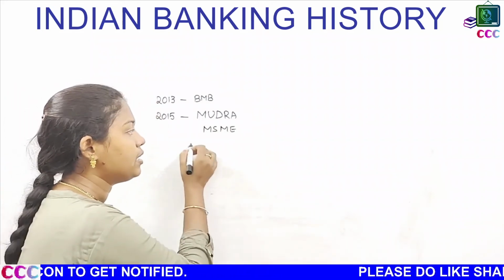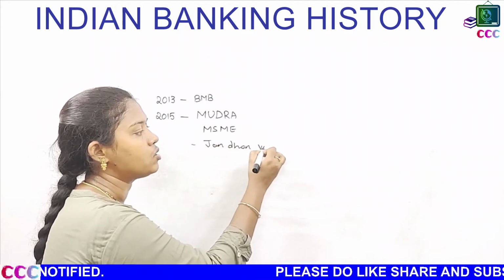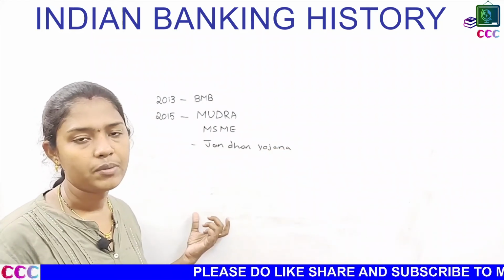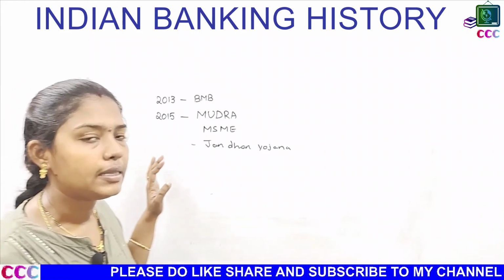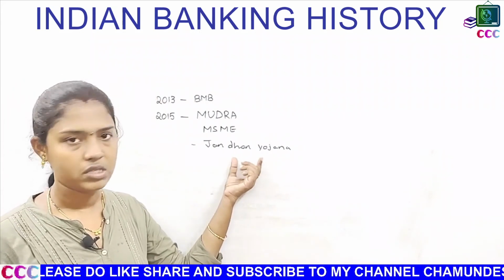In the same year, Jan Dhan Yojana was implemented. Actually Jan Dhan Yojana was started from late 2014 and it was properly implemented in the year 2015. That is zero balance accounts.